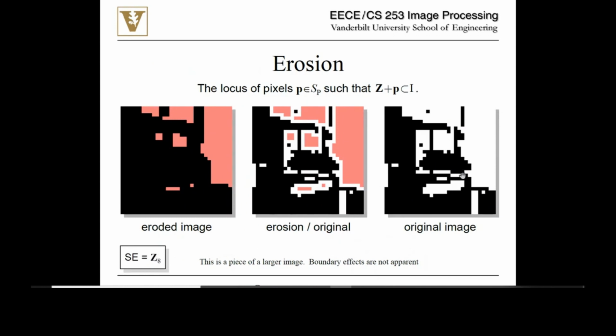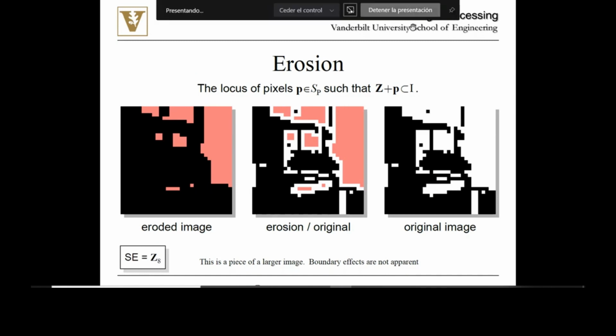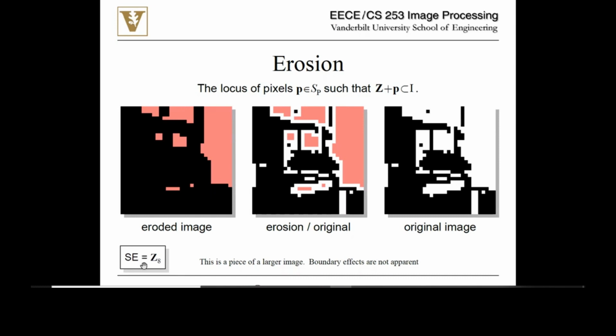So this is the original image. Which are the locations such that if I shift my structuring element to that location, it is totally included in the image? For instance, this red pixel here, if I move my structuring element to that location, it is totally inside the original image. So that is kept.